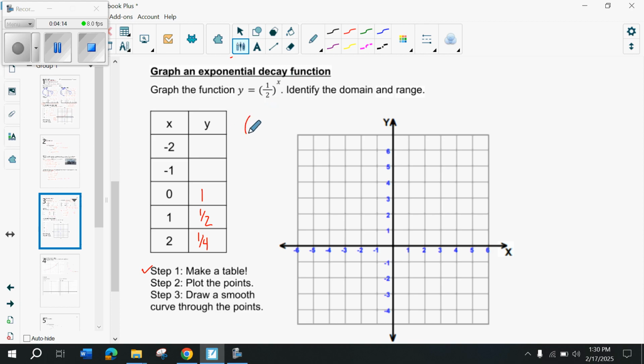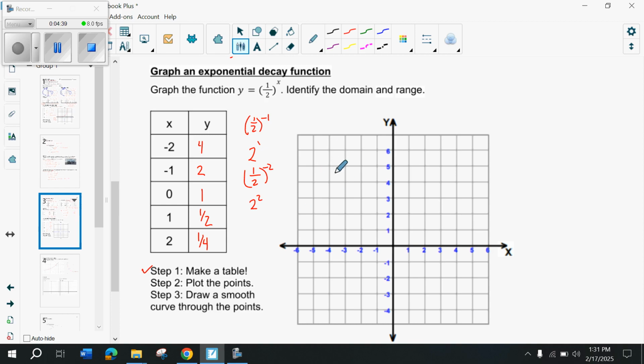And then let's go and do these now. So if I have (1/2) to the -1 power, that's the same thing as saying 2 to the 1 power. So this is going to end up being 2. If I have (1/2) to the -2 power, that's the same thing as saying 2 to the 2 power, which is 4. That's why we have to learn how to work with exponents, so that now we can work with exponential functions.